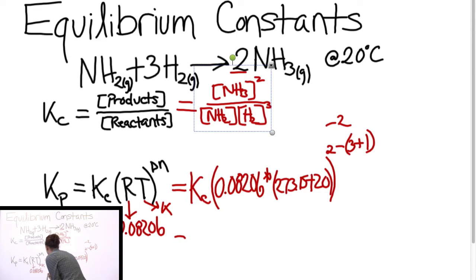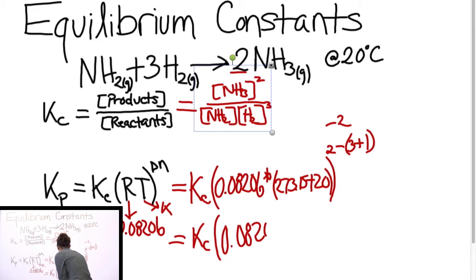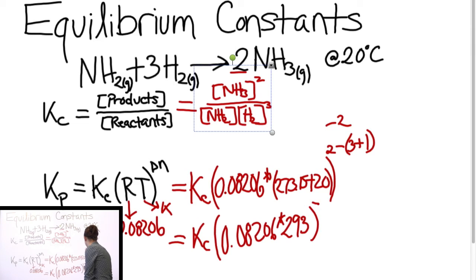So all in all, you're going to get K sub C times RT to the negative 2. So that's all there is for the equilibrium constants. Hopefully that makes sense.